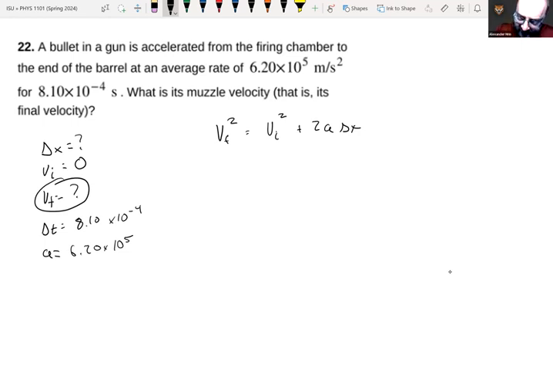We don't know the V final, so we'll leave that alone. V initial is just 0 squared. And then 2 times 6.20 times 10 to the 5th times 8.1 times 10 to the negative 4th.